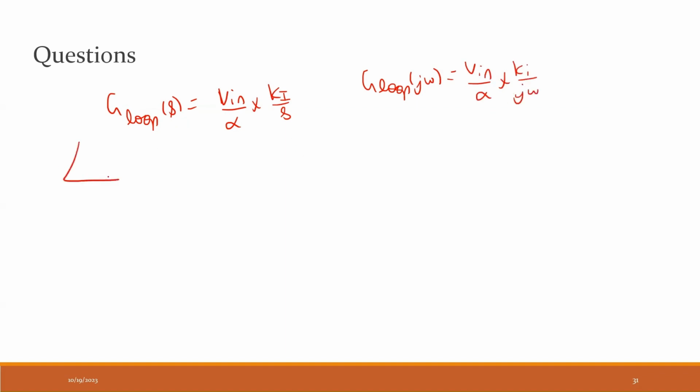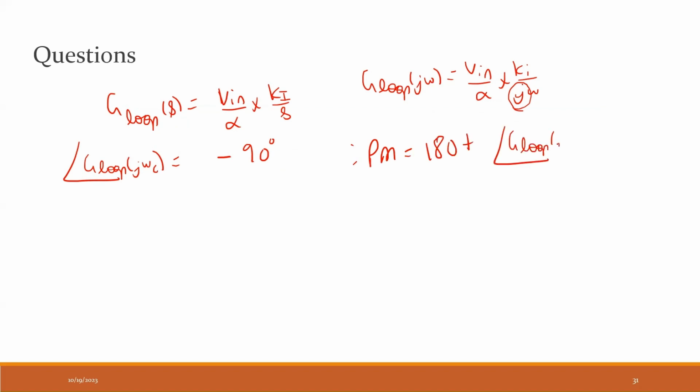When we find the angle of G loop of J omega at the crossover frequency, it will come out to be minus 90 degree, because of the J. So the angular contribution at omega crossover frequency is minus 90 degree. So my phase margin is 180 plus angle of G loop J omega C. So 180 minus 90 means my phase margin is 90 degree, when there's no delay.